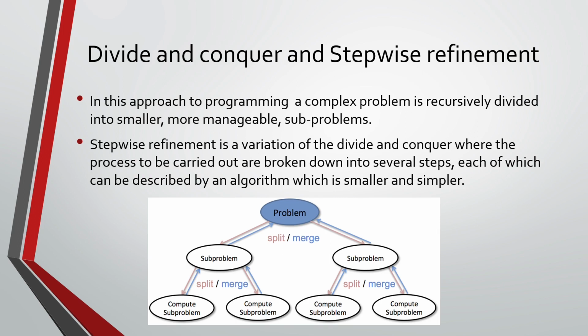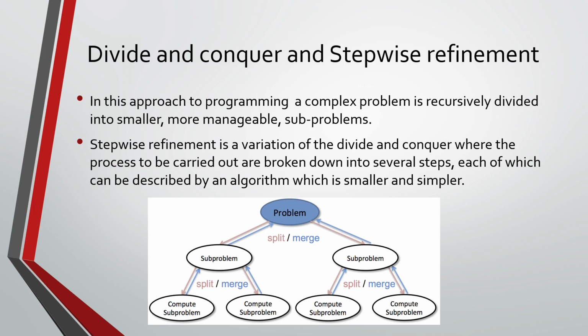First, we have the divide and conquer and stepwise refinement strategy. In this approach to programming, a complex problem is recursively divided into smaller, more manageable subproblems. In this approach, we have a top-down process of successive refinements of a specification that leads to the decomposition of tasks into subtasks and of data into data structures.